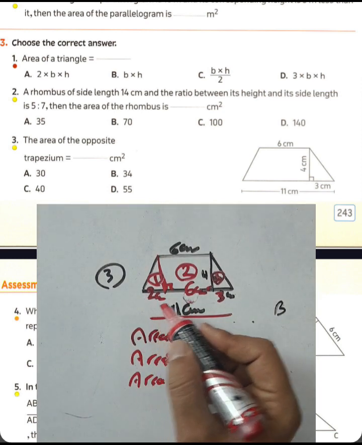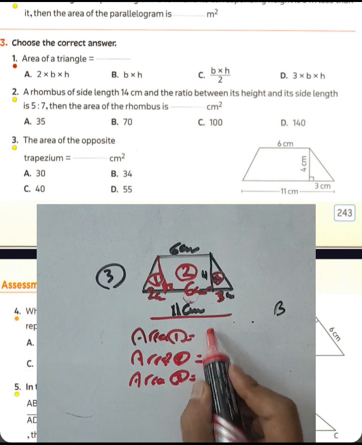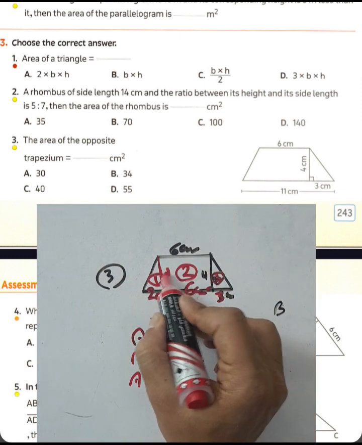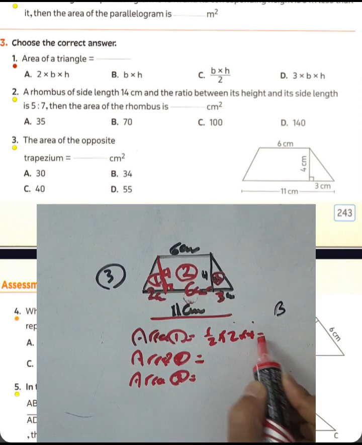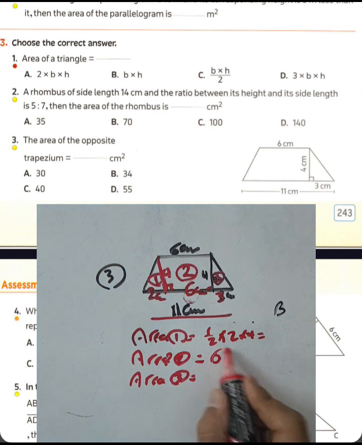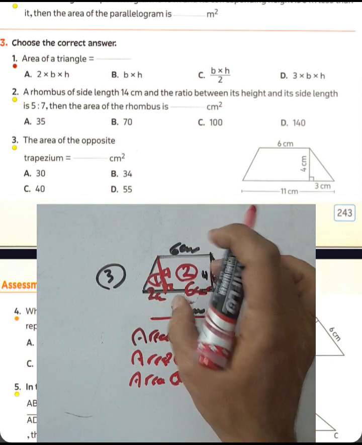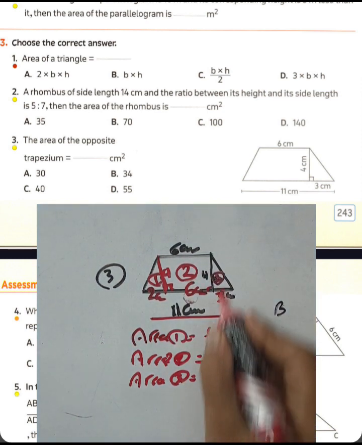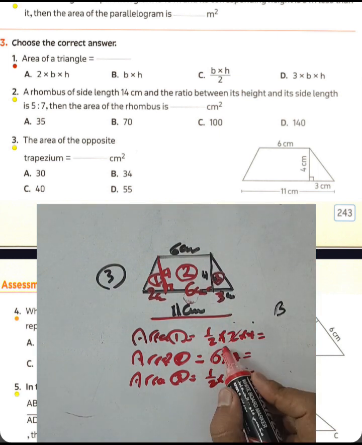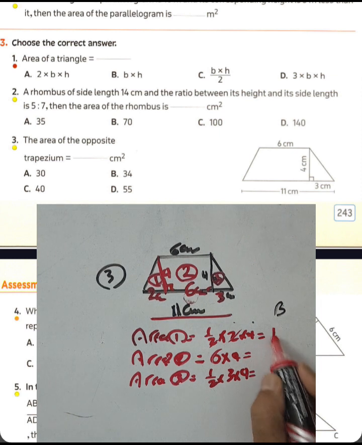Area 1 here refers to the area of this triangle. It will be half product by the base, corresponding height here 4. And area 2 will be base 6 times 4, length times width, because we have here a rectangle. And area of this triangle, half product by 3 product by 4. Half cancels with 2, then the result will be 4 square centimeter.